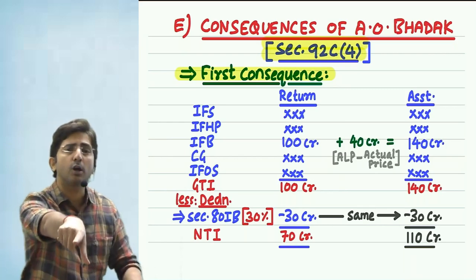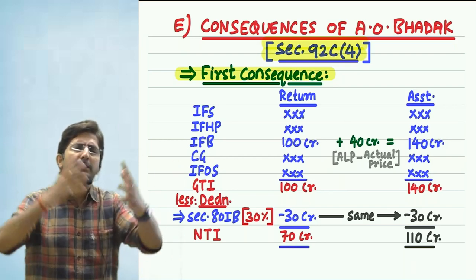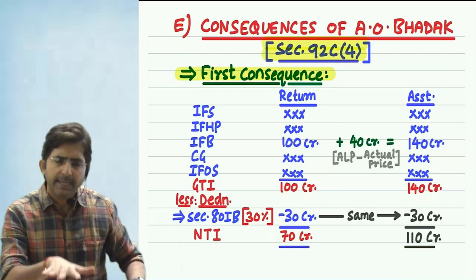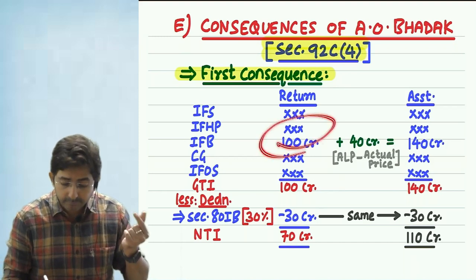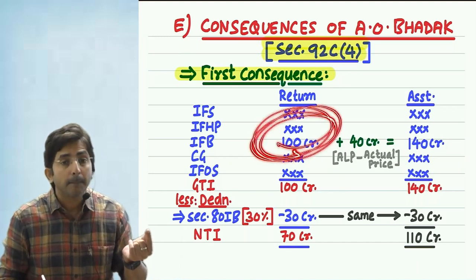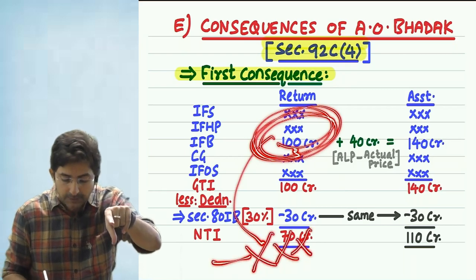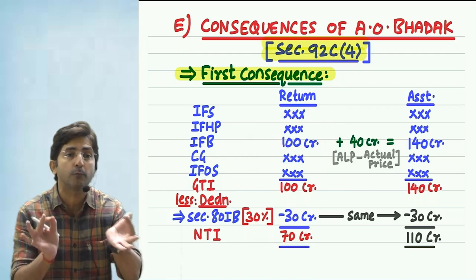Same is the nature of 10AA. That first include all your profits and income in the five heads. Then comes 10AA. And even in 10AA, you get a certain percentage of your profit as deduction. But that certain percentage depends upon the proportion of your export.